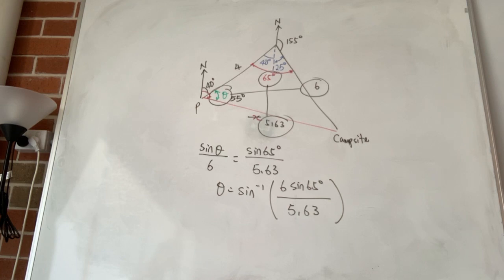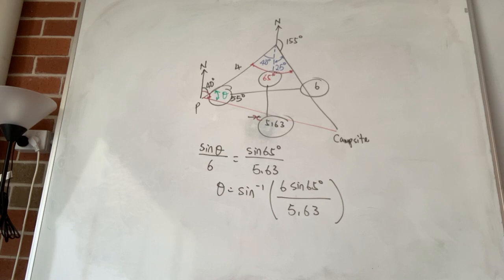It should be bigger than 6. I think I did something wrong. What is the angle? 71. No, that's not right. Let me see. Sine 60. Oh wait, actually that's right. And then you would add 40, it's 100. Show me your working out, you put a cosine.